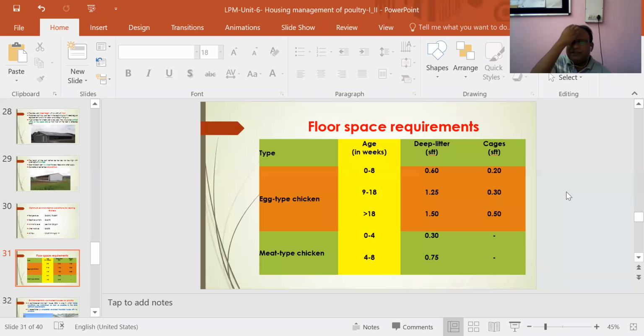By thumb rule, we generally provide 1 square foot of floor space for broilers from day 0 to 8 weeks, and 2 square feet for laying type birds. So when we are constructing the shed for broilers or layers, we should take the floor space by thumb rule into consideration: for broiler, 1 square foot per bird, for layer 2 square feet per bird.